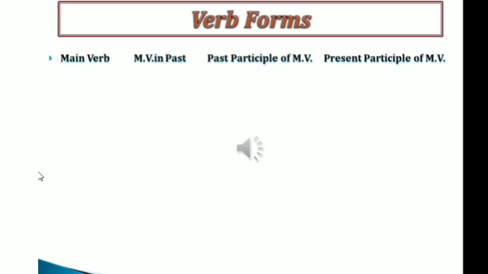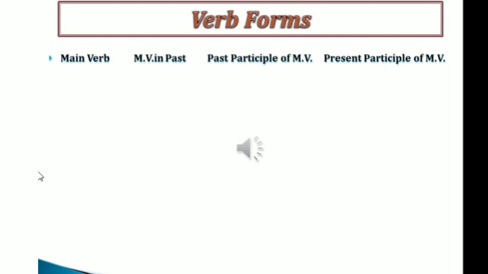Third form, past participle of main verb. And the fourth form, present participle of main verb. Present participle is very easy because it is formed just by adding ing suffix at the end of the main verb. Now let's learn what an irregular verb is with some examples.